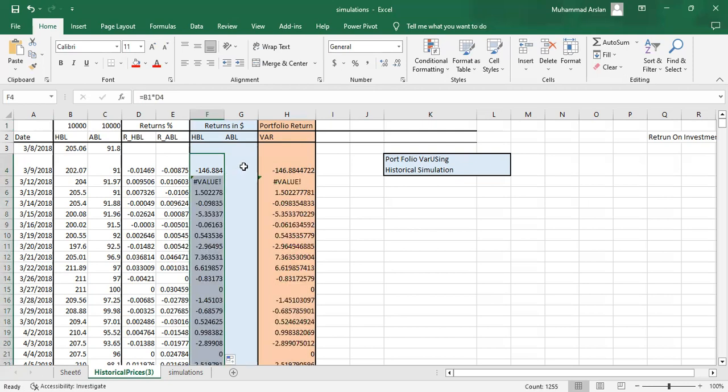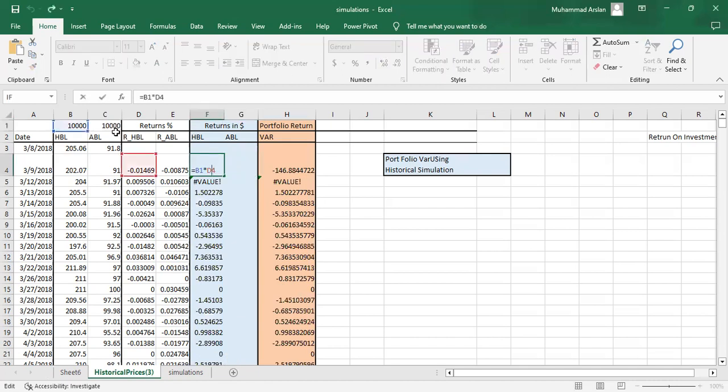Simply drag that value. Let me check where's the issue. Okay, we have to put a dollar sign over here, so take this value as a constant. Oh, sorry, not the dollar sign here, but here.